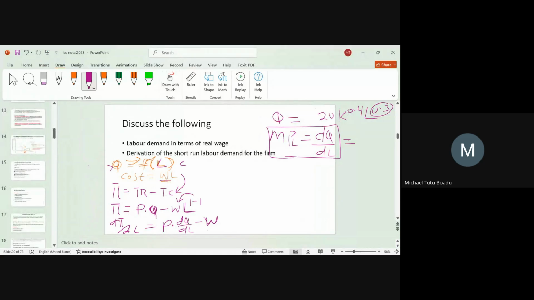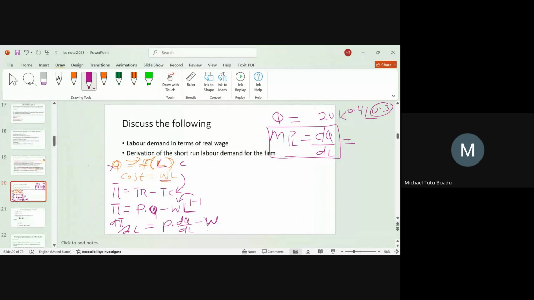So you get 20 times 0.3, you get 6. If you multiply 0.3 by 20, you get 6.